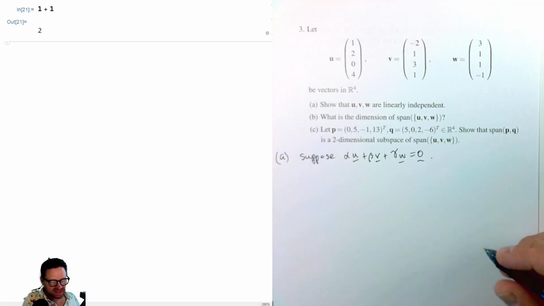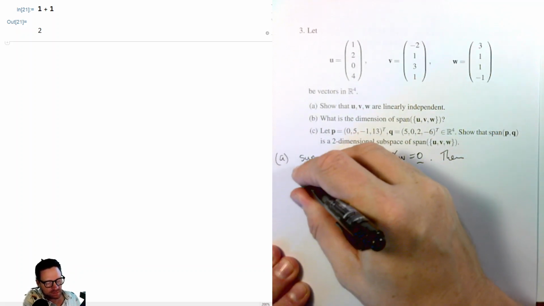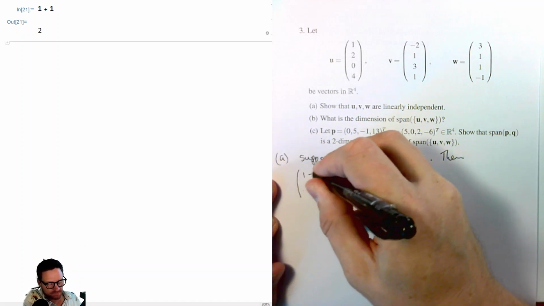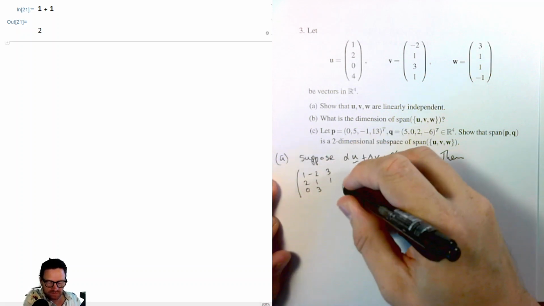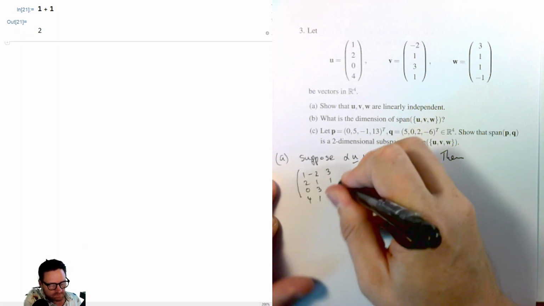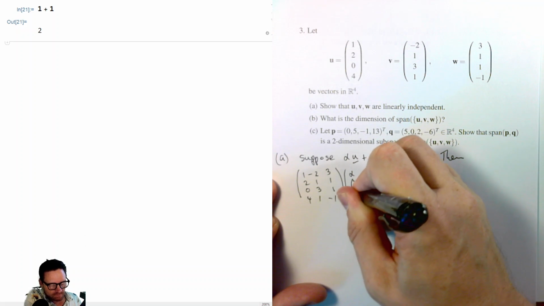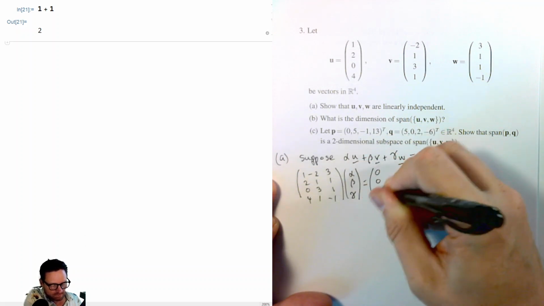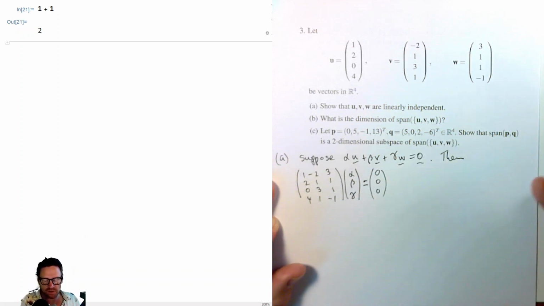Okay, well, if that's the case, then we can write a matrix equation. Okay, so we've got this, and then we can form the augmented matrix.